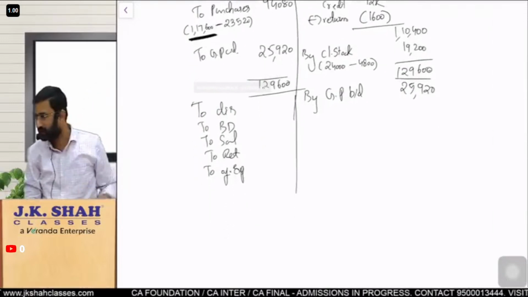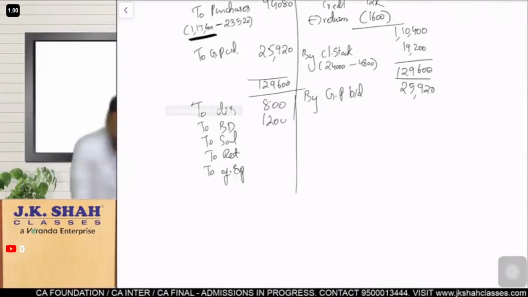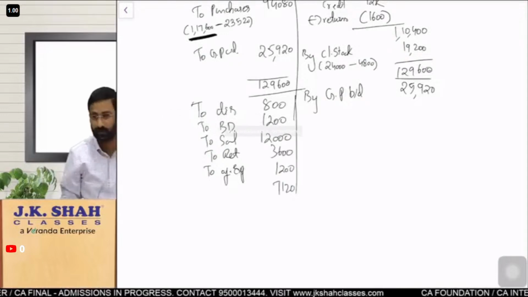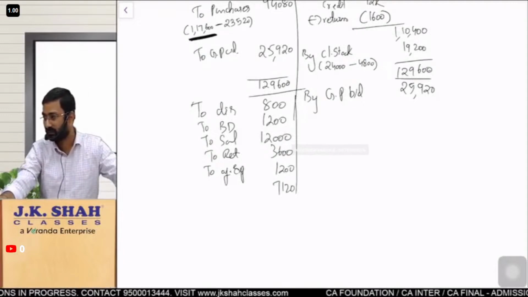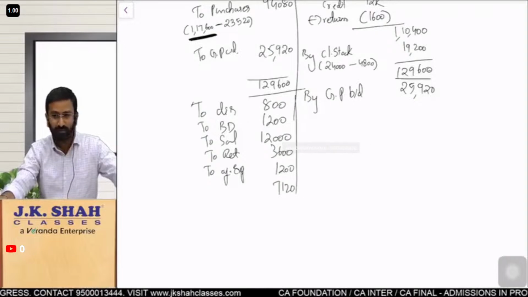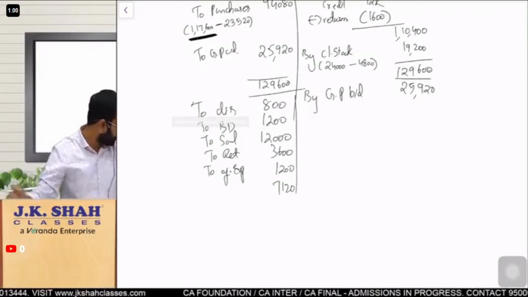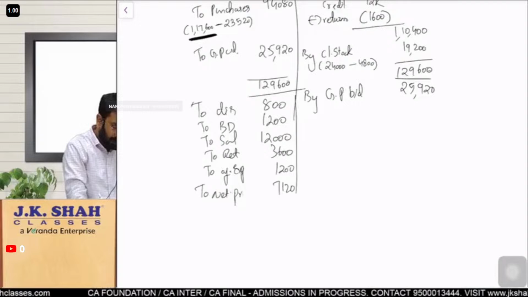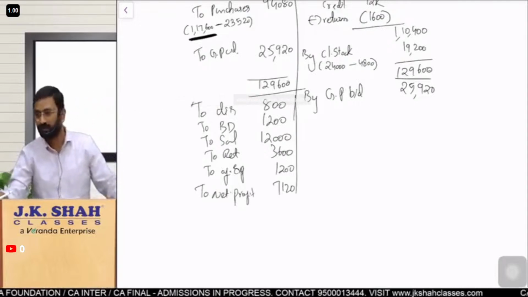All the 5 expenses: 800, 1,200, 12,000, 3,600, 1,200. Net profit 7,120. I hope you are verifying. Expenses is what I have written: discount, bad debt, salary, rent, office expense.